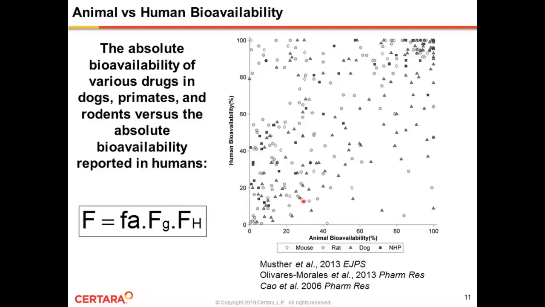And you can see that there is absolutely no correlation at all, and none of the species can predict the human bioavailability correctly. One of the reasons for that is the underlying different types of metabolism, the different plasma protein binding and the different blood to plasma ratio, which are responsible for this lack of correlation.